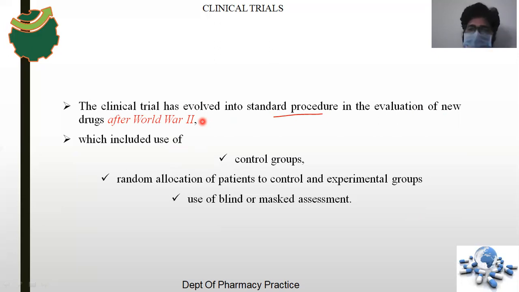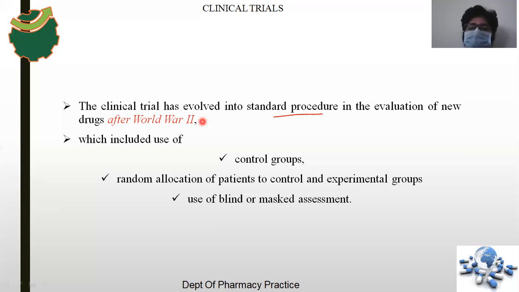There was a sudden change in people's health, in the environment and in people's living patterns, which started developing new disease conditions. To treat all those new diseases, people started developing new drugs and new clinical trials.